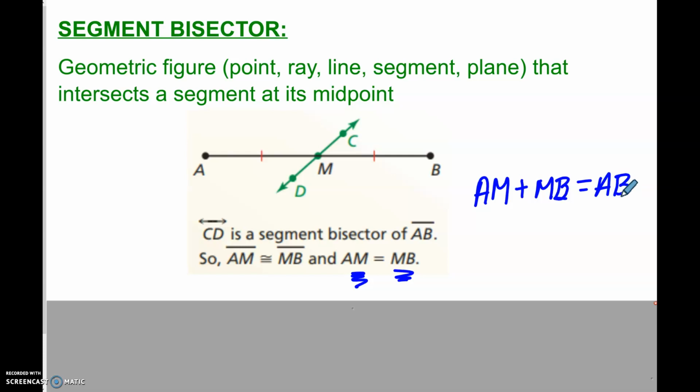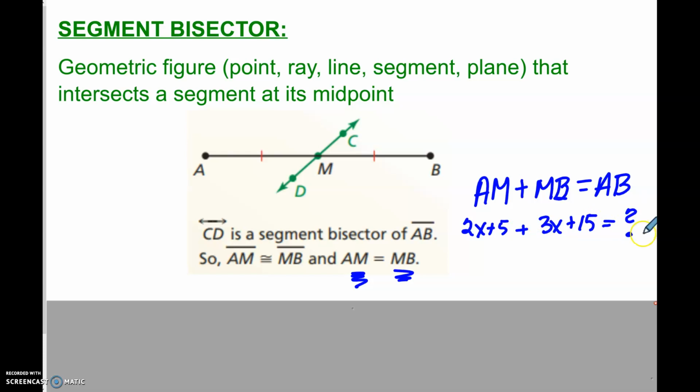They could give you the length of AM as 2x plus 5, and say that MB is 3x plus 15. Well, if you don't know what AB is, you cannot set these up to equal something. You can't say plus and then equals what? We don't know, so we can't fill this in.